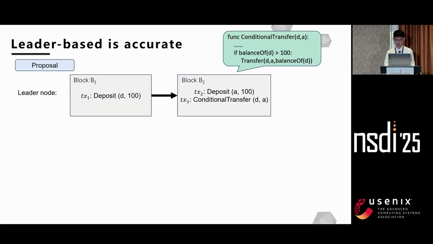We can see the procedure code. In this example, we set the threshold to 100. After TX1, the balance of D is 150.